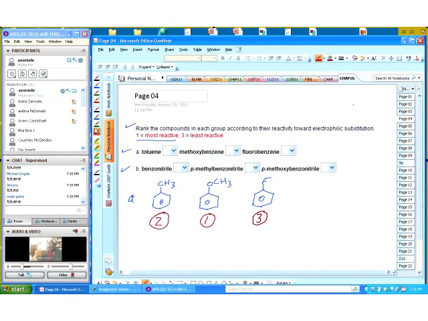Now, let us do B. So for B here, you need to also know the names of this here, benzonitrile, that is this molecule here.